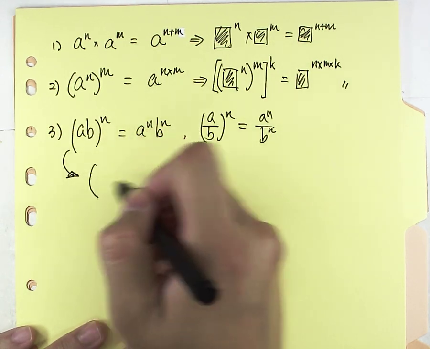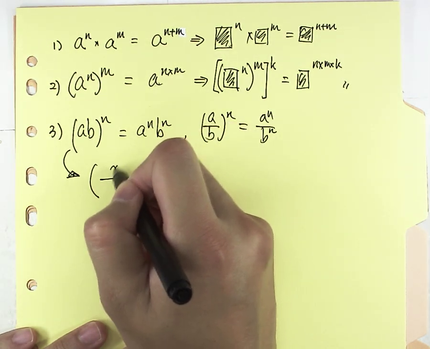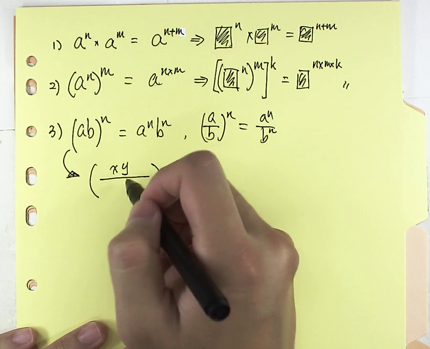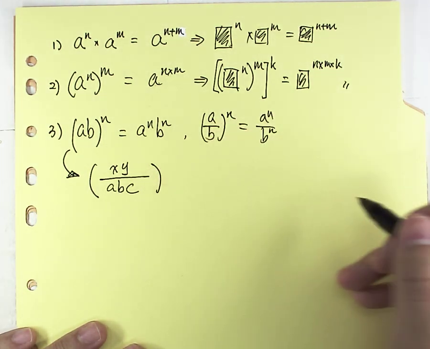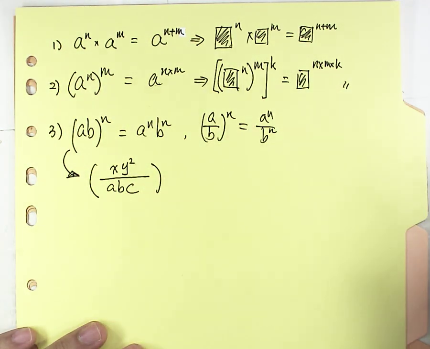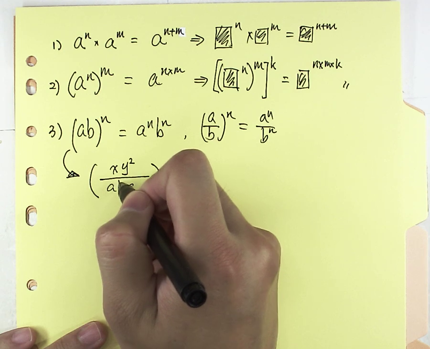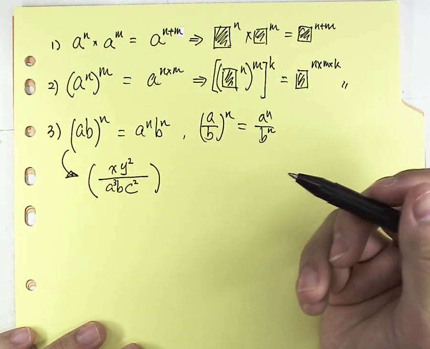Here we can extend a little bit more. When you see very large expressions, for example x, y, and then a, b, c, and we give some powers to the unknowns inside. For example, y squared, a to the power 3, and c squared, something like here.